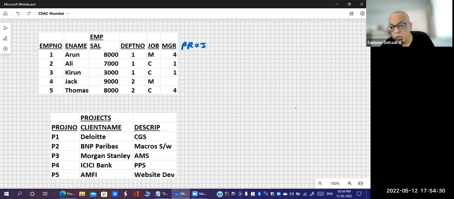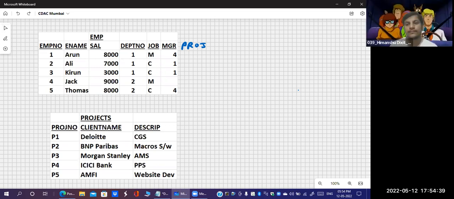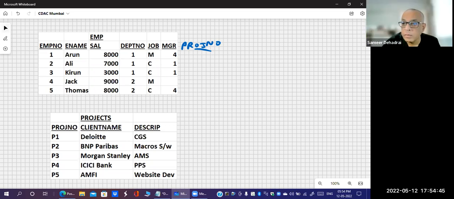This is one solution. You store the project number inside EMP.